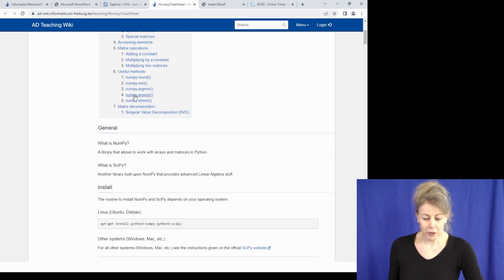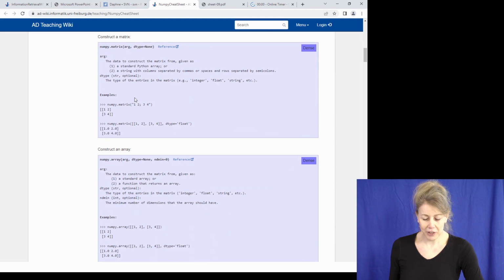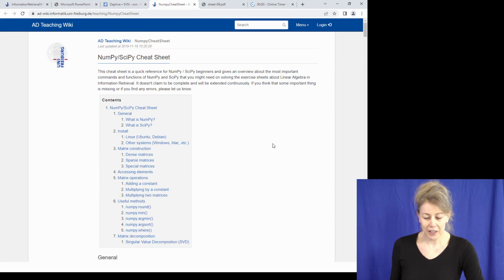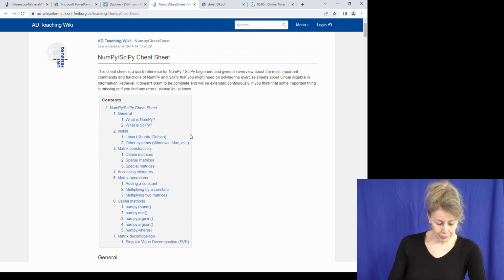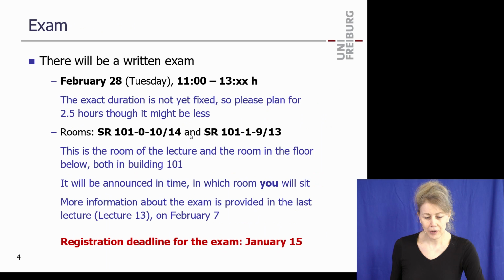Here we have what you typically need for the purposes of this lecture, very nicely explained. This is on our wiki. I said it already in the last lecture. In case you missed it, now I said it again. That should be helpful. In particular, everything you need for the lecture should be there.